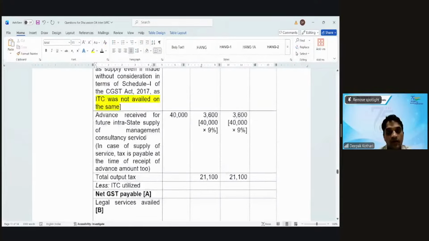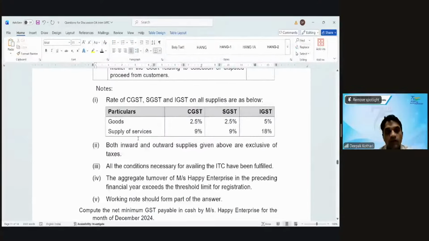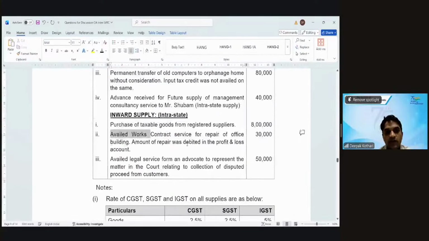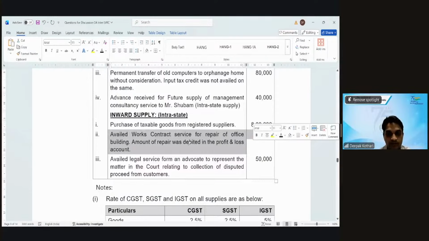Next, works contract service. Availed works contract service for repair of office building. Amount of repair was debited to P&L account.